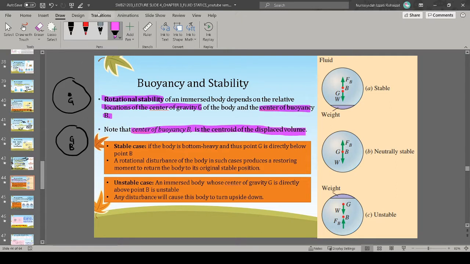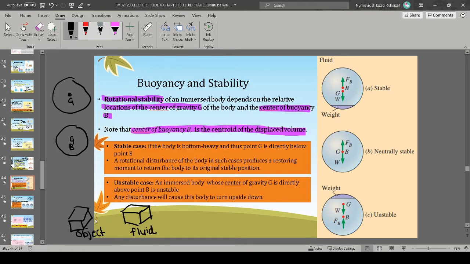Okay, so why does it say displaced volume? If I have an object, I put it into water, I will have the same amount of volume of fluid that it occupies.